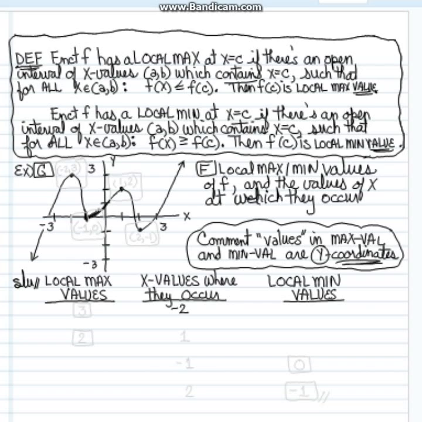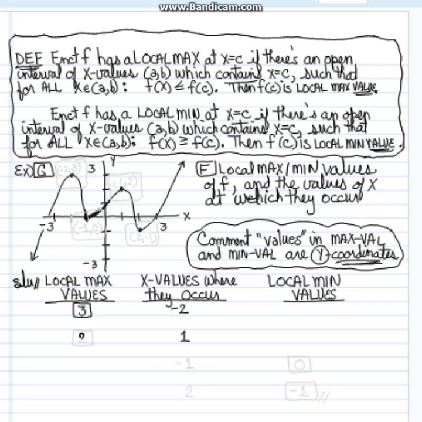At x equals -2, we do have a tall point at y equals 3. Do you see that? At x equals -2, we have actually the tallest point on the graph at y equals 3. So that means that you could draw a neighborhood around that point, -2, 3, and it would be the tallest point in that neighborhood.